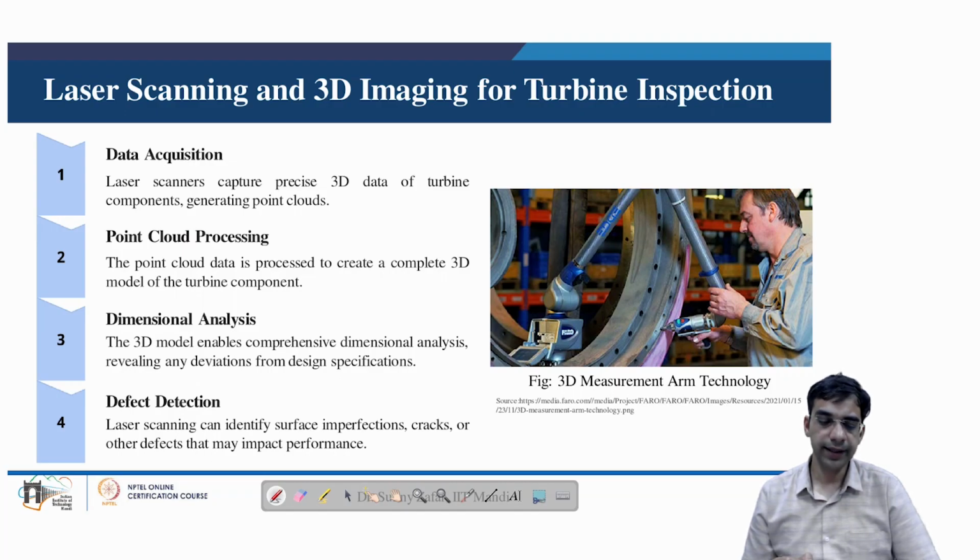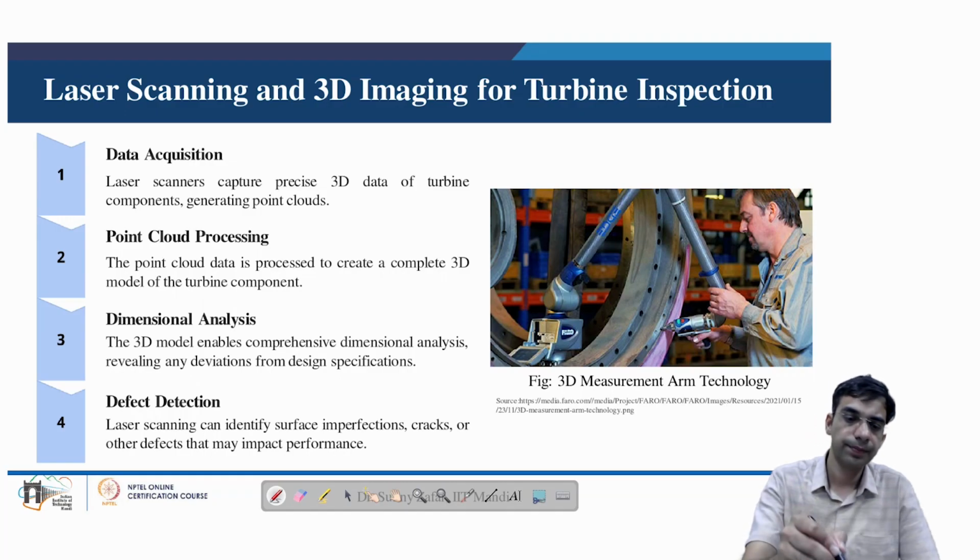So it can identify surface imperfections, cracks, and other defects in the digital twin or maybe in the actual component, which may impact the performance of the turbine. So by looking at this data of defects, we can minimize these defects, ensuring optimal performance of the turbine parts.